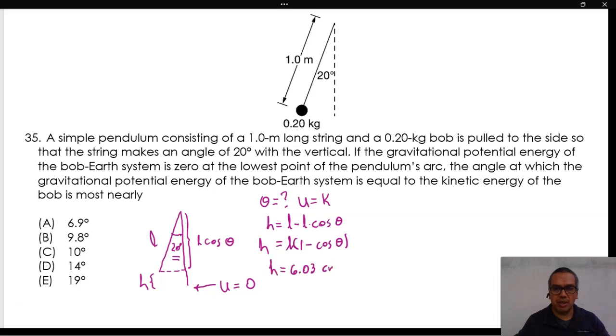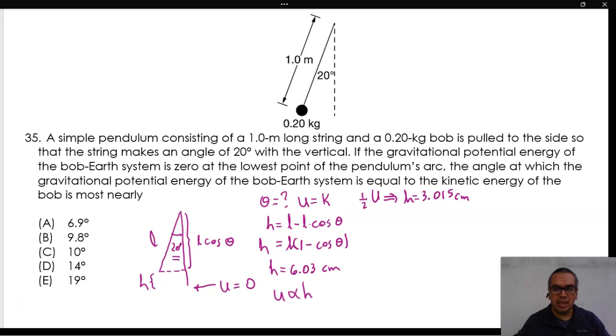6.03 centimeters. Since the gravitational potential energy is directly proportional to the height, the height at which half of the energy is potential is 3.015 centimeters.